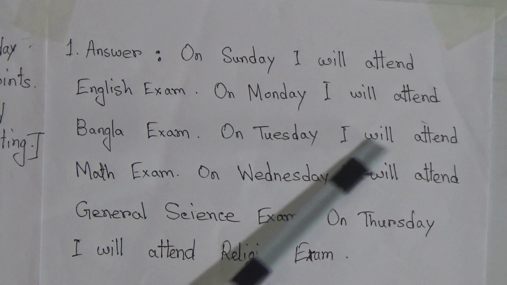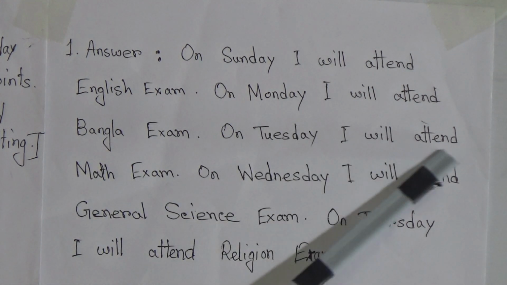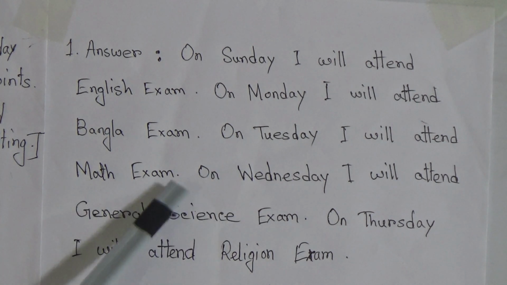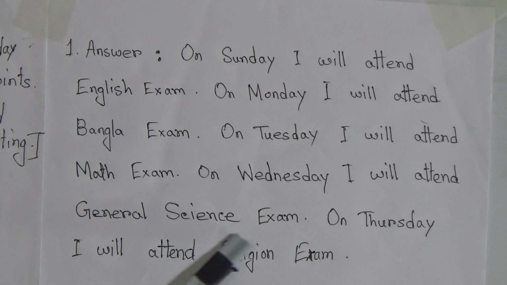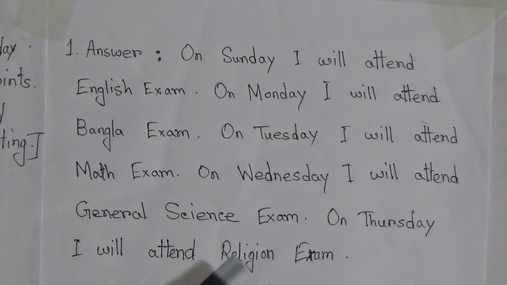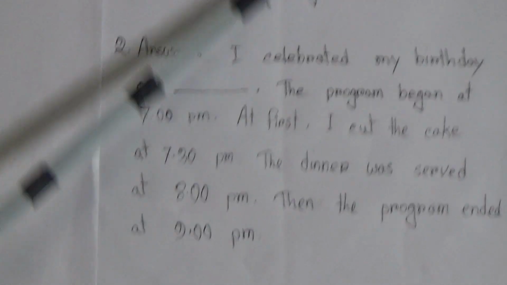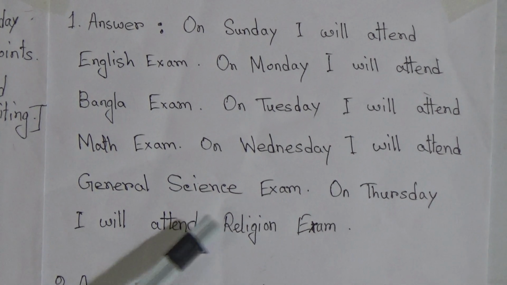On Monday I will attend Bangla exam. On Tuesday I will attend Math exam, and on Wednesday I will attend General Science exam. On Thursday I will attend Religion exam. Okay, so these are the sequence that you have to write in 5 sentences.